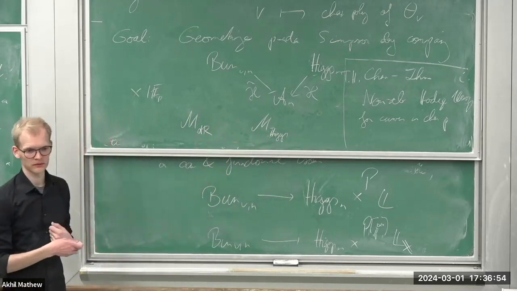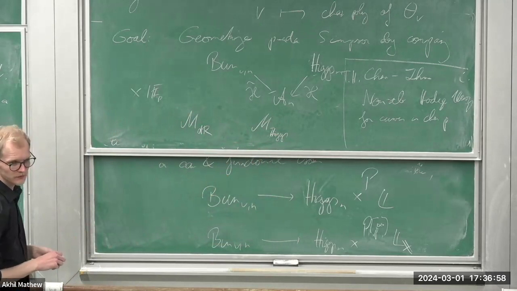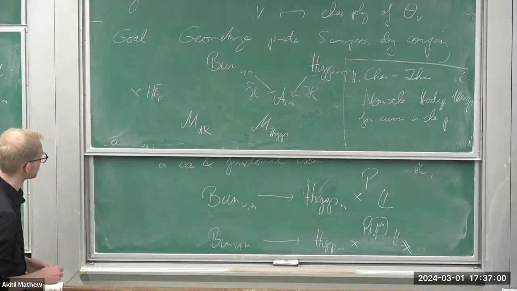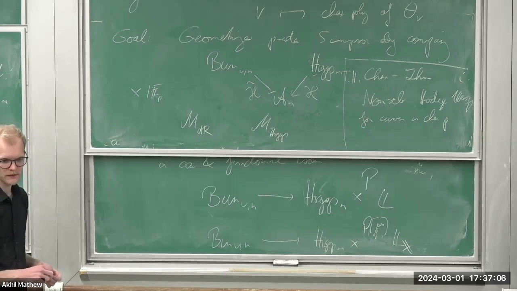So on the one hand, we consider the vector bundle. We are on a curve, with a connection. Then you have the notion of p-curvature.